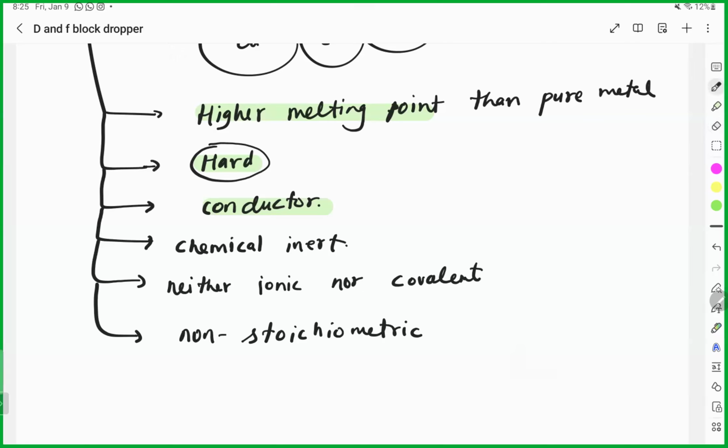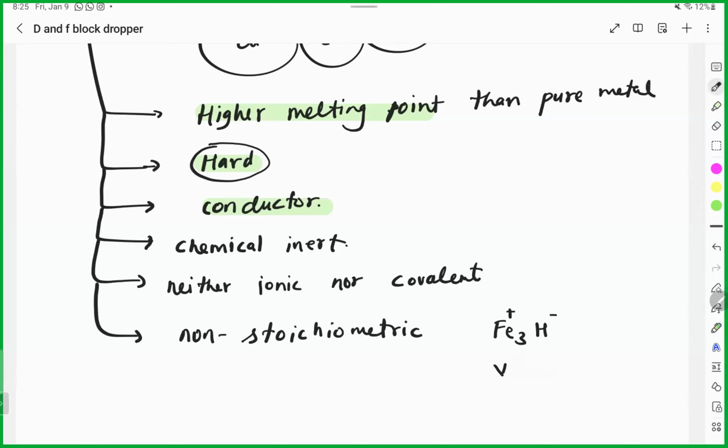For example, if you take Fe3H, imagine hydrogen is one negative. All three irons will share one positive, so each iron will have 1/3, isn't it?